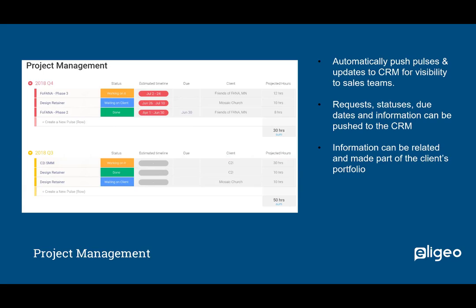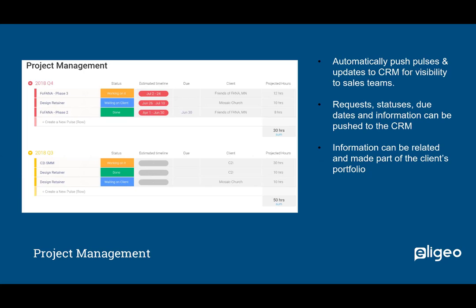So let's talk about project management. A few of the examples here is automatically pushing pulses and updates to the CRM. So if I'm the sales team and I've closed the deal and I want to know what happens with a particular prospect, in our case, we won't have our salespeople using Monday.com.